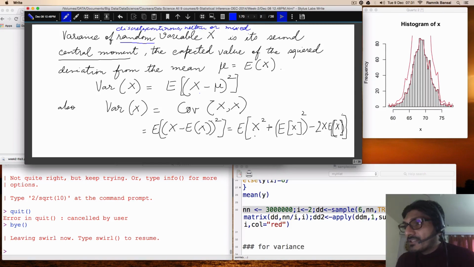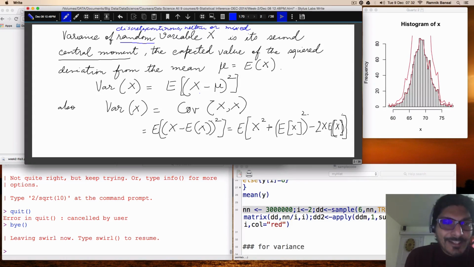If I use the linearity, this will become expected value of x square plus expected value of, so now 2 times the expectation will not make any difference, right? So this is the expected value of x square plus expected value of x the whole square, right?